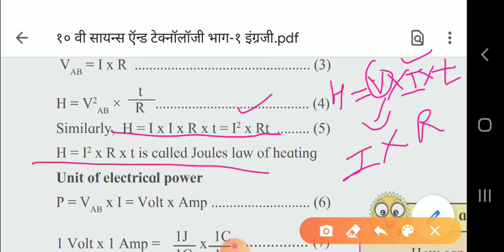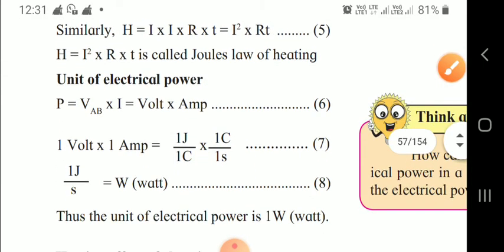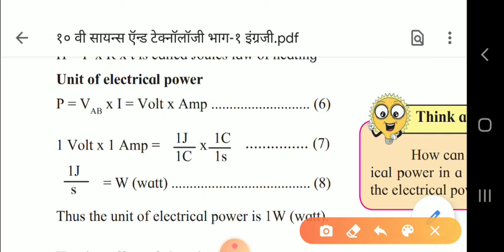So this point you have to underline. Now the unit of electric power. P is equal to VAB into I equal to volt into ampere. That is equation number 6. Now we will see here 1 volt into 1 ampere, that is power, that will be equal to 1 joule upon 1 C, C meaning coulomb, into again 1 C upon 1 second.